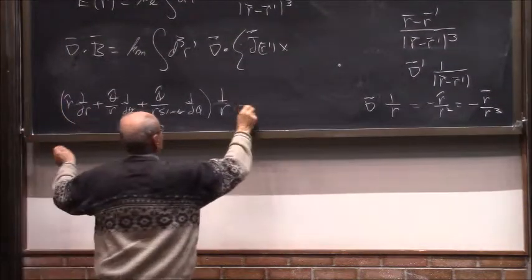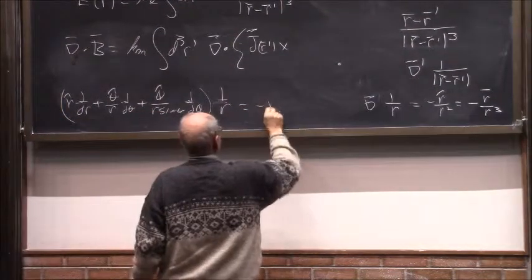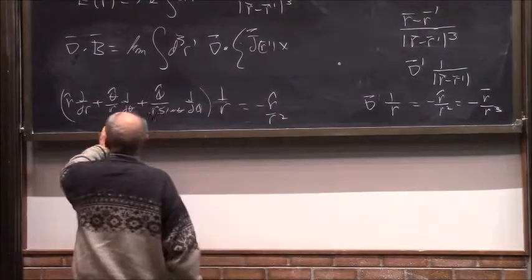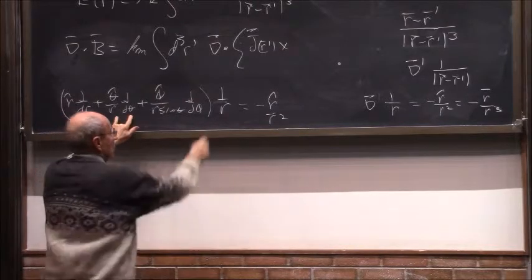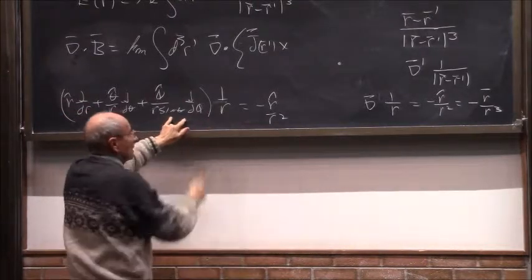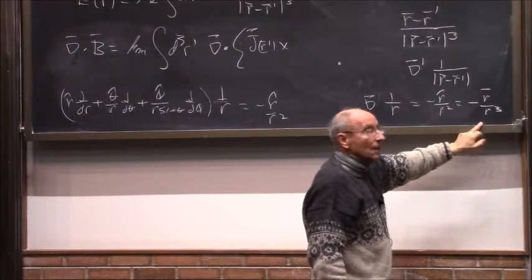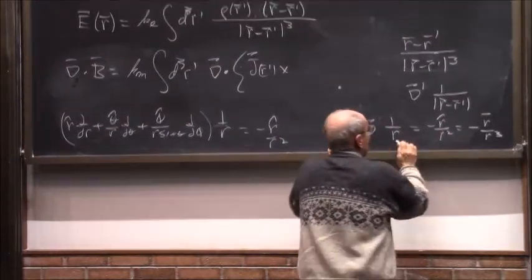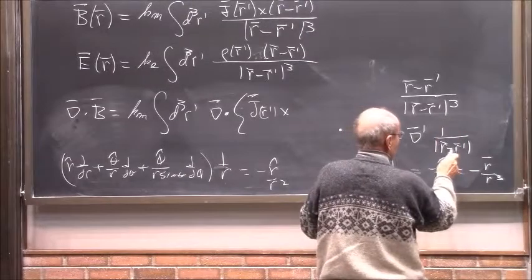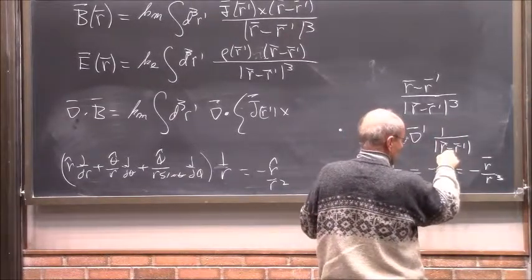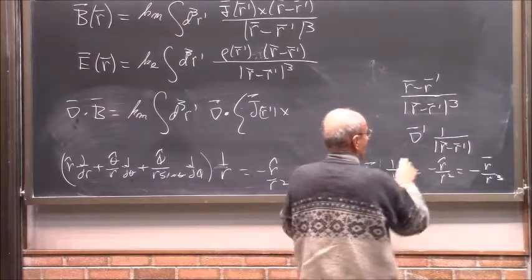This one gives you minus R hat over R squared. There is no theta dependence. There is no phi dependence. So you just get that, which is equal to this. So the gradient prime of that will be this with a minus sign because of the minus sign there.